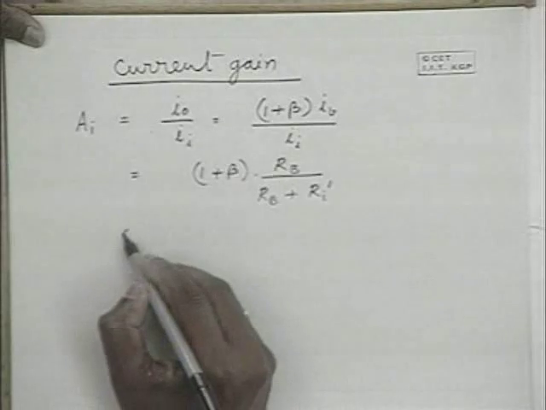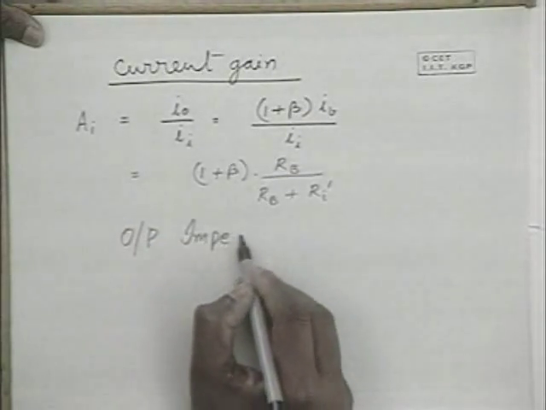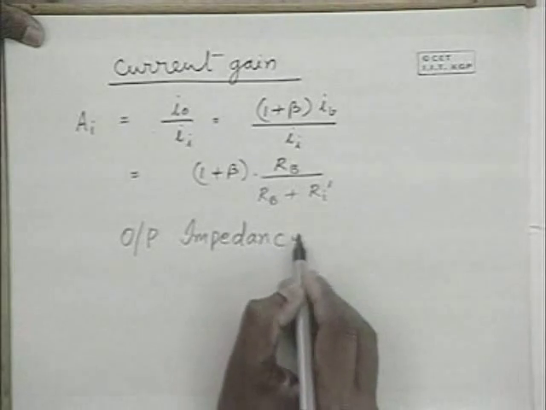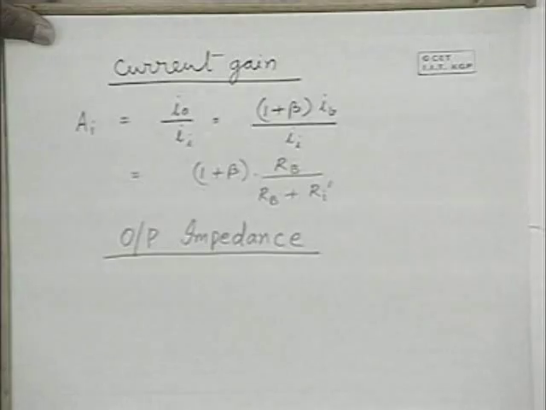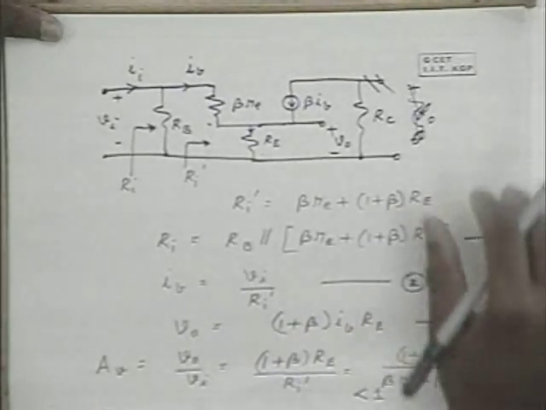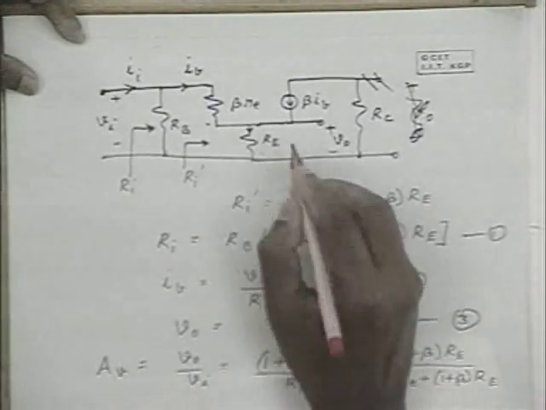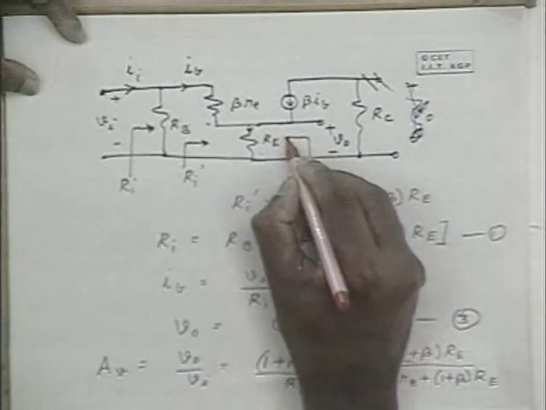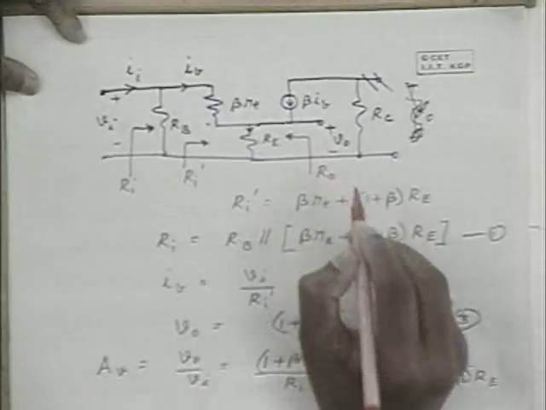Now, the output impedance. Let us derive an expression for the output impedance. Looking at the output impedance, it may appear to be large, but when you analyze it, you will find that the output impedance is very small.